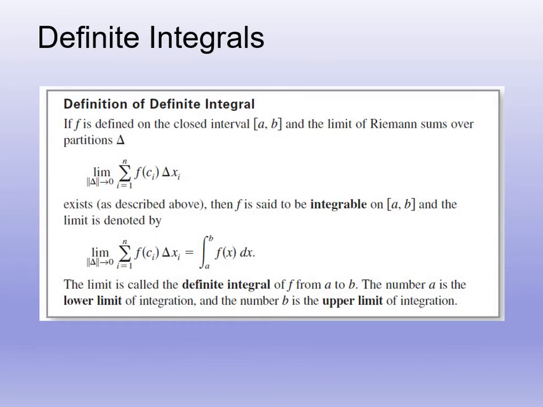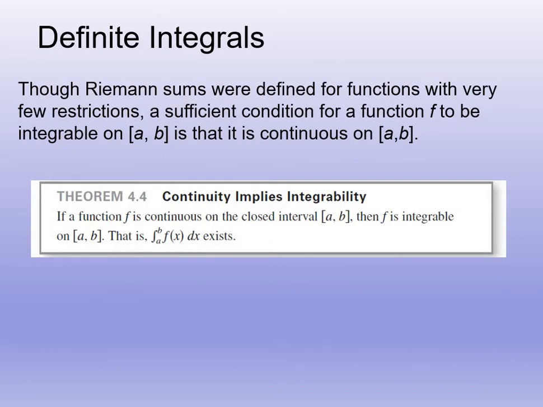So we're doing what we did in section 1, but now we're doing it with limits, which helps us find a particular solution every single time when we have a definite integral. Definite meaning it's a defined solution. Remember, indefinite meant we had to do plus c because there were multiple solutions. An important theorem, Theorem 4.4: continuity implies integrability.